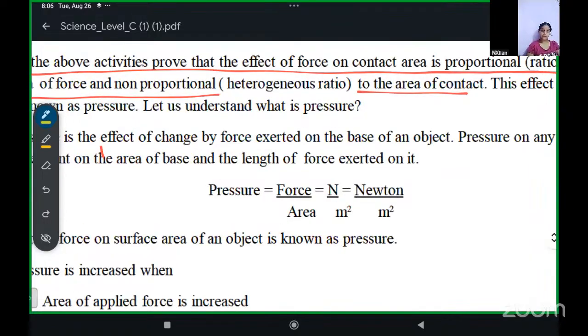Force we studied is measured in Newton, and area we know is measured in meter square. So our final formula becomes Newton divided by meter square. Pressure is equal to Newton divided by meter square. This is how you calculate the pressure.